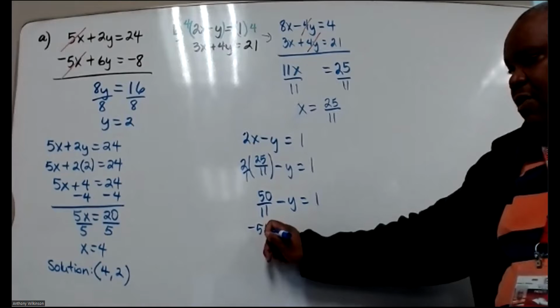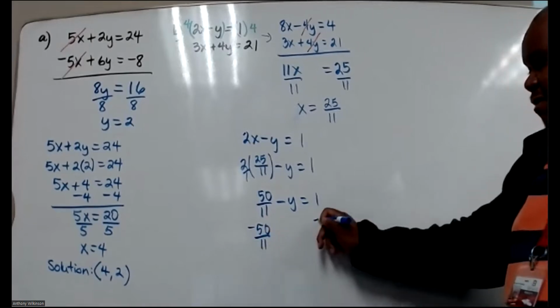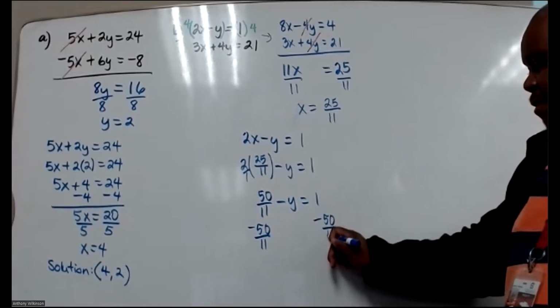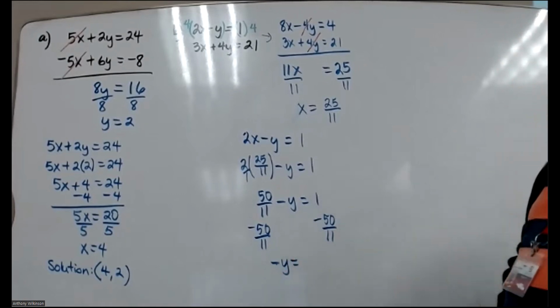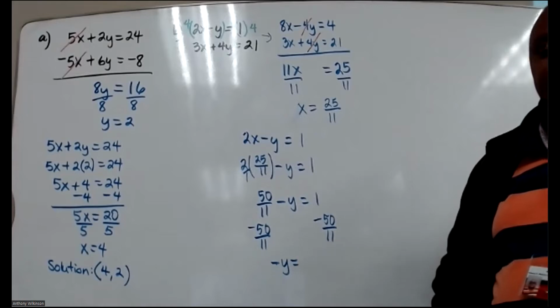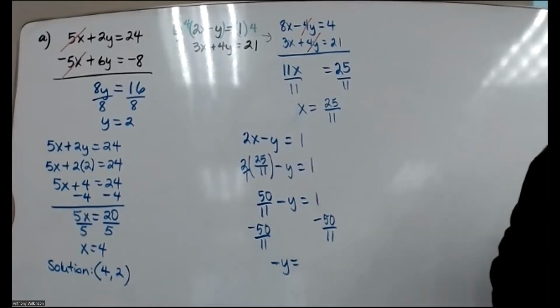So I'm going to subtract 50 over 11 on both sides. This will be negative y is equal to, and let's think about this. That 1, how many 11ths are there in one whole?